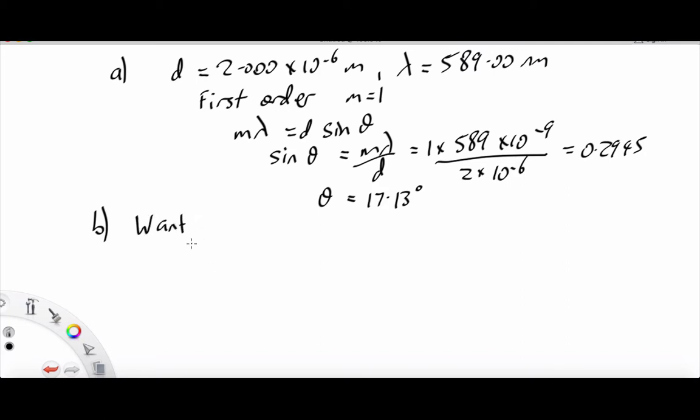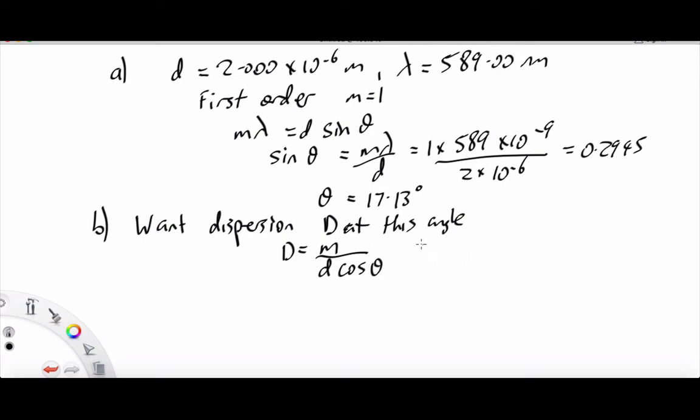Now, making the assumption that the angles of the two lines are very close together, we want the dispersion D at that 589 nanometers, at this angle. D equals m over d cos theta, and we're just taking that one angle.